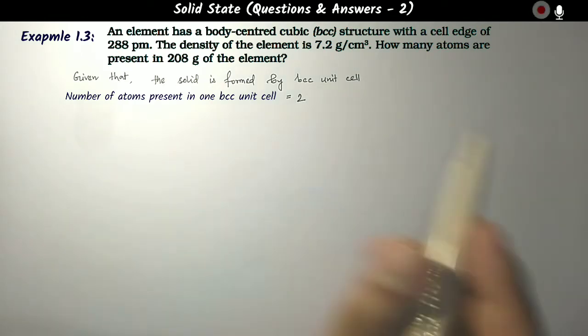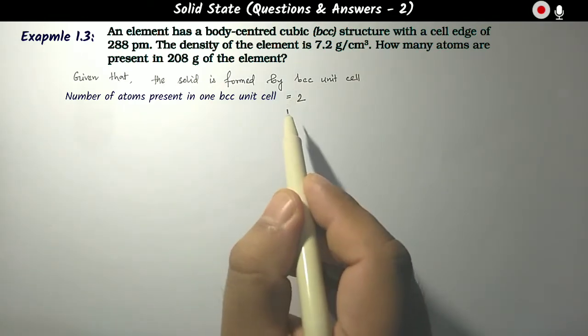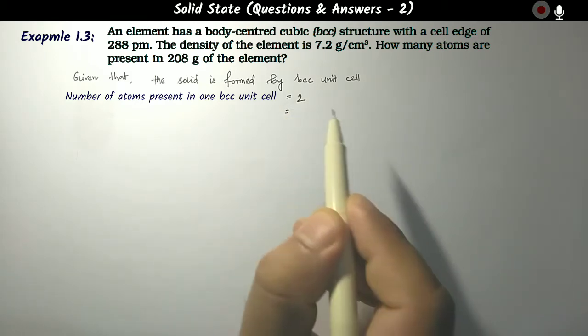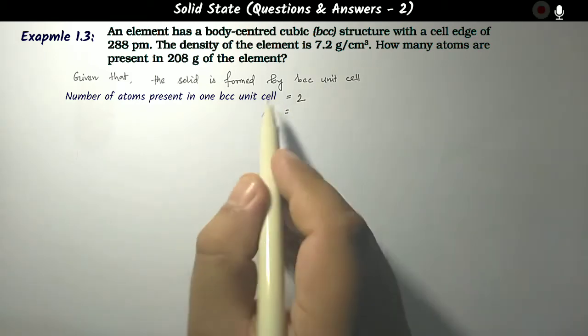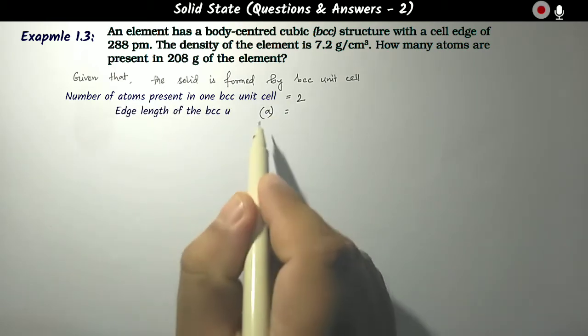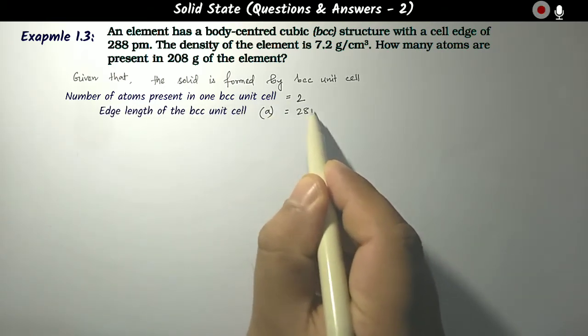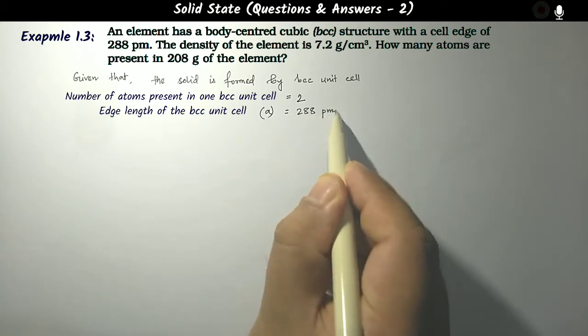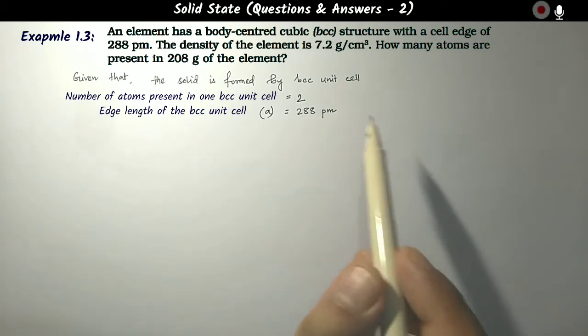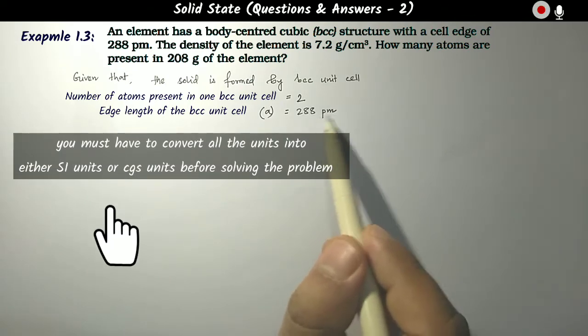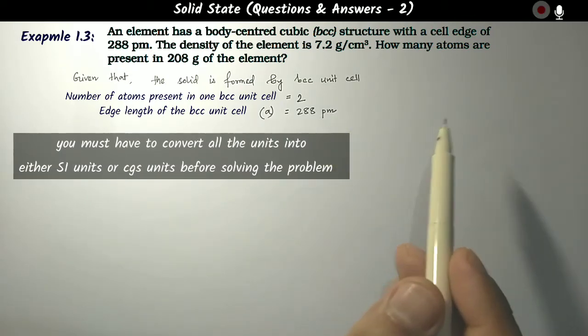Here also the cell edge length is given, which we represent by small a, equal to 288 picometer. Always remember that we have to convert this unit into SI unit and CGS unit.